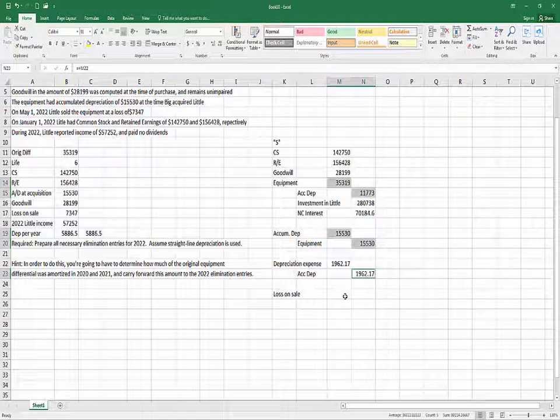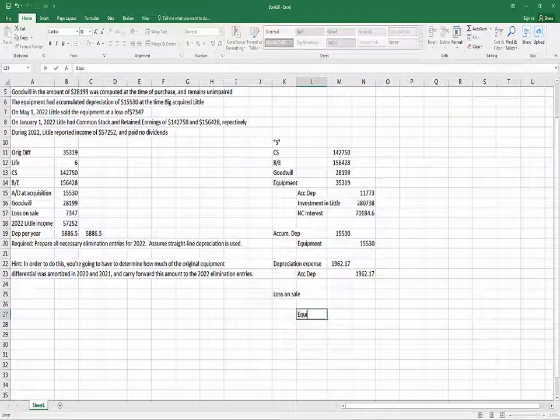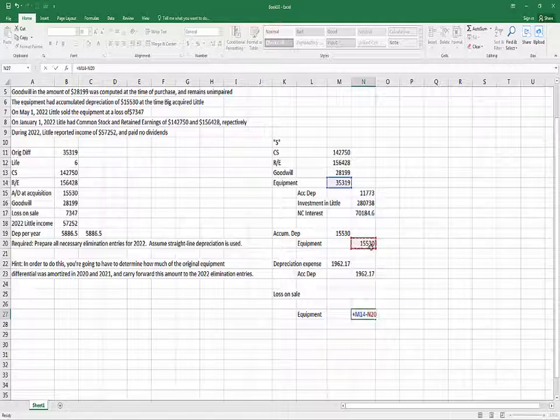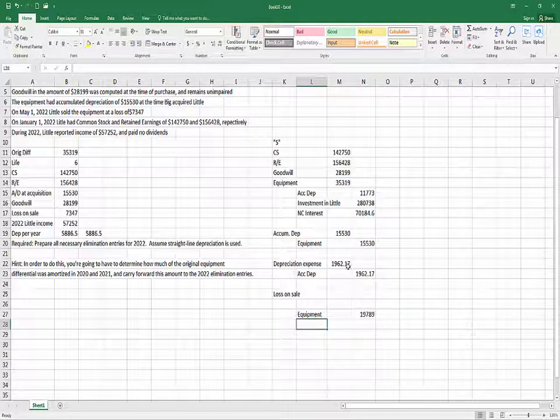Those need to go away because the asset is no longer owned. So first, for the equipment, we have a debit of $35,000, a credit of $15,000, a net debit of about $20,000. We need to get rid of that. So we're going to go ahead and credit equipment for that minus that. Same thing with the accumulated depreciation.